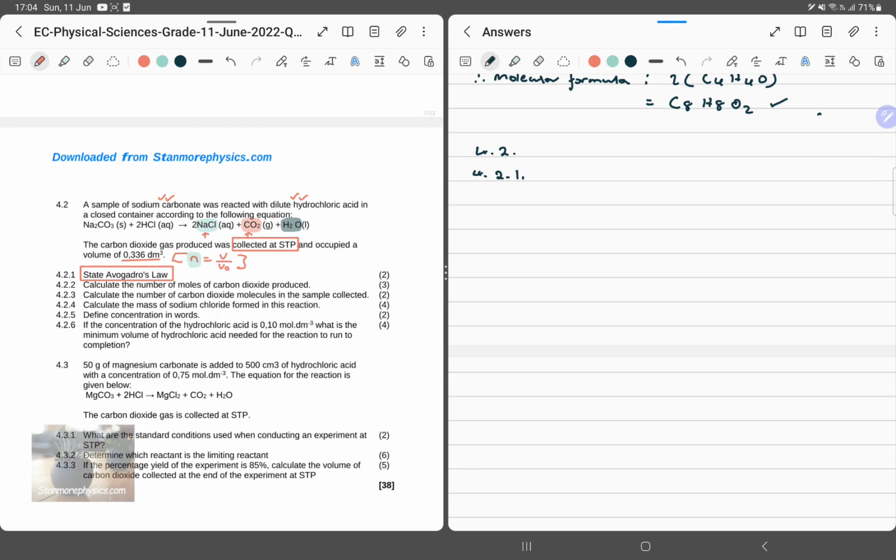4.2.1. So Avogadro's law states something like this.